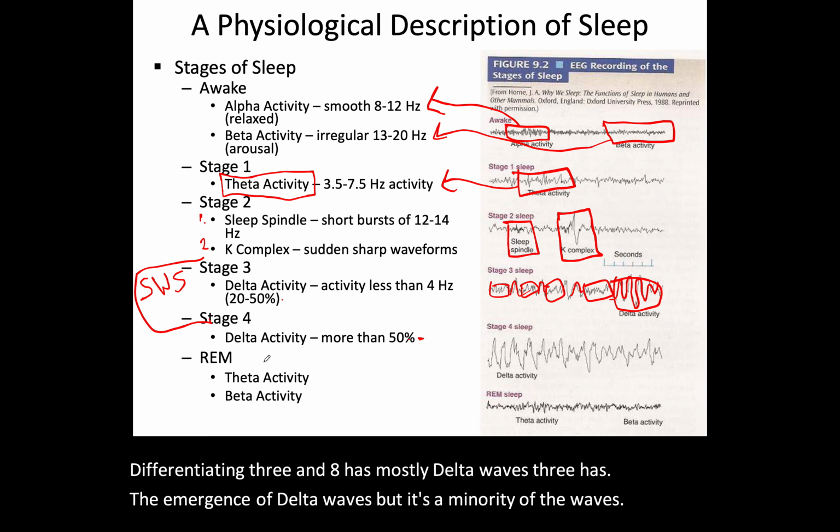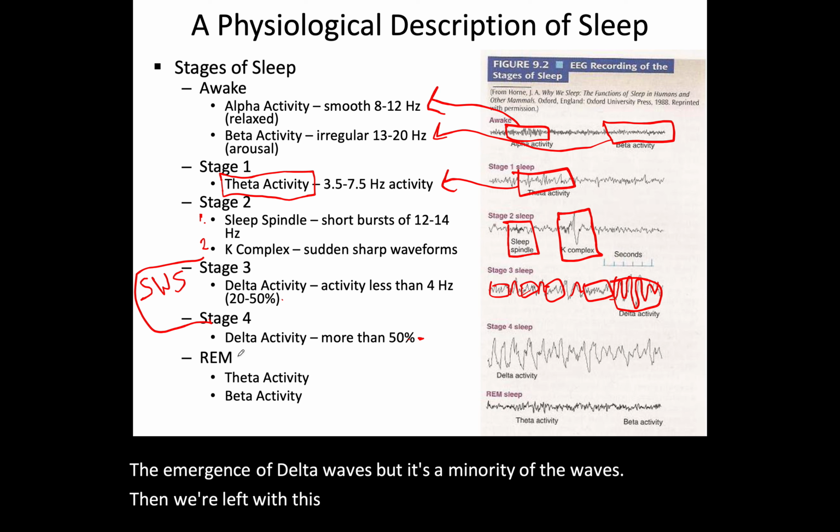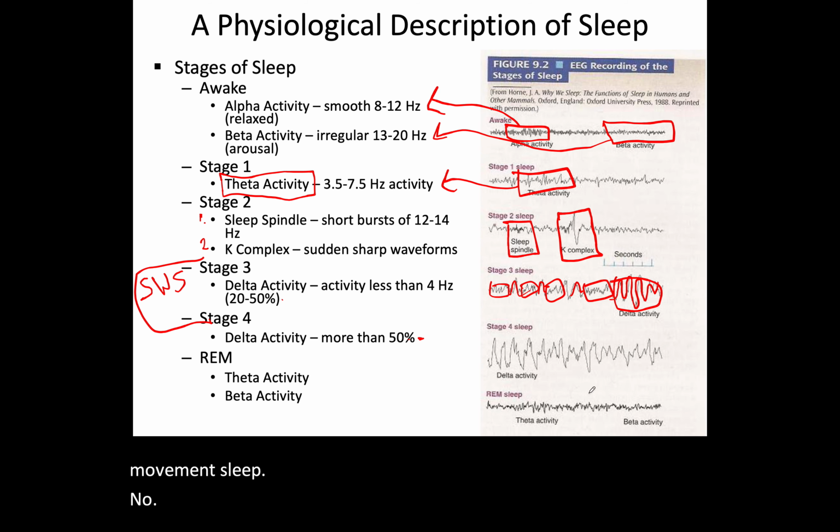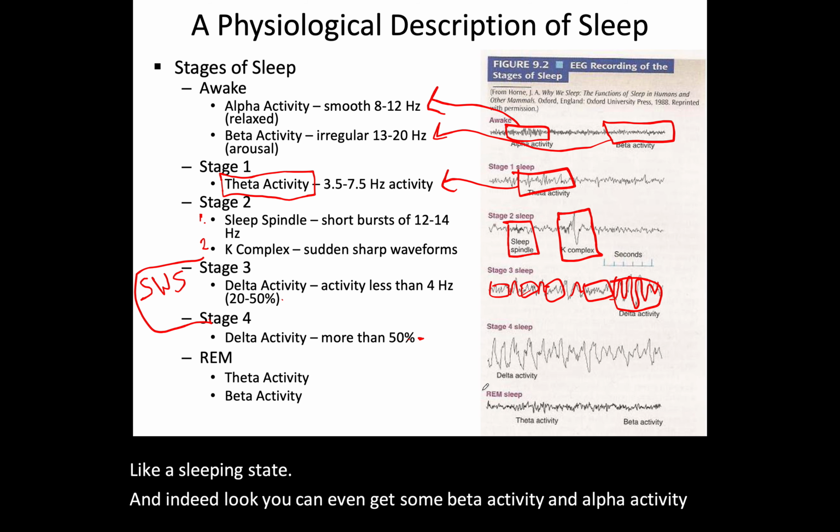Then we're left with this oddball stage of sleep, REM, or rapid eye movement sleep. Now, if you look at REM sleep, it's a little confusing. It doesn't really look like a sleeping state. And indeed, you can even get some beta activity and alpha activity and theta activity during REM.